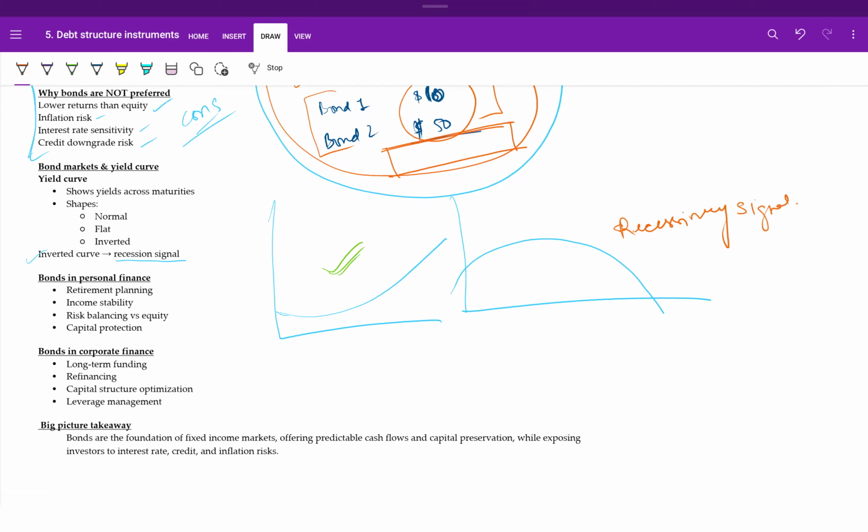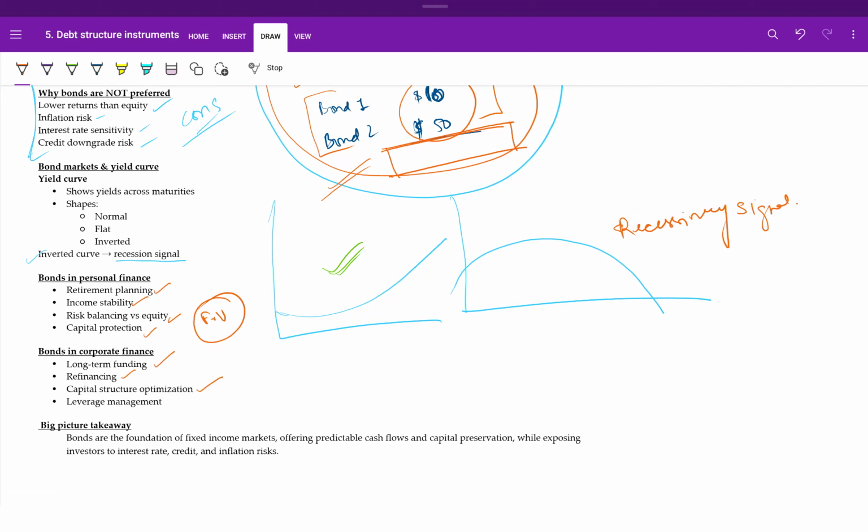So, the final few more points. When we talk about bonds in personal finance, bonds are useful in retirement planning, income stability, risk balancing versus equity, which we just discussed, and capital protection. So you are going to get your face value at the end of the period. And bonds in corporate finance help us with long-term funding, refinancing, and capital structure optimization.